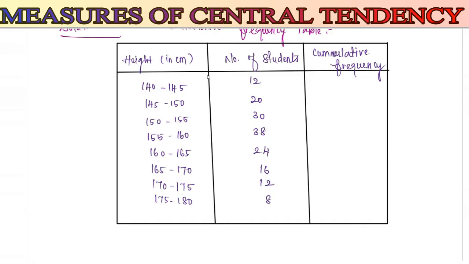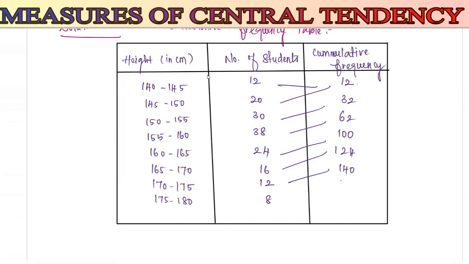First you have to write as it is what you have, 12. Next you have to do the cross adding. 12 plus 20 is 32, 32 plus 30 is 62, 62 plus 38 is 100, 100 plus 24 is 124, 124 plus 16 is 140, 140 plus 12 is 152, 152 plus 8 is 160.